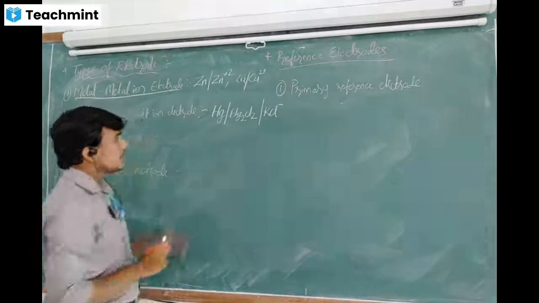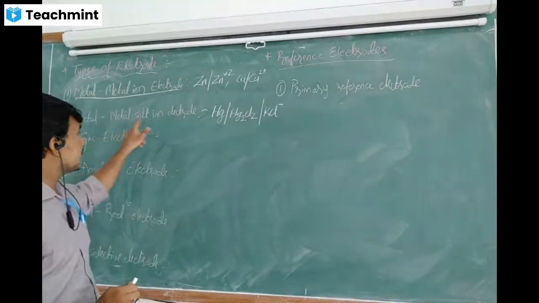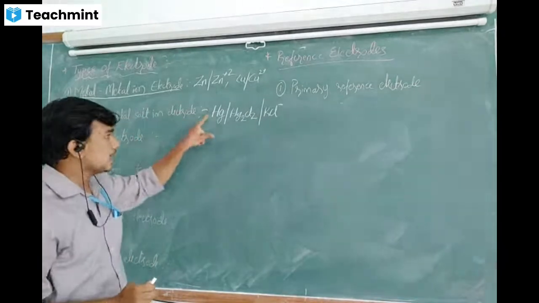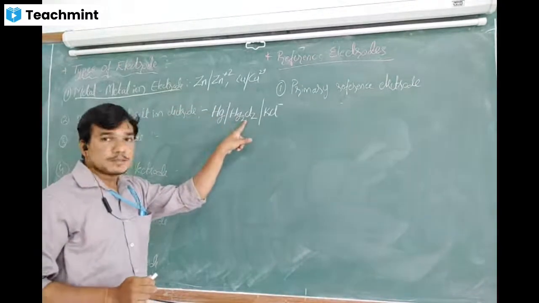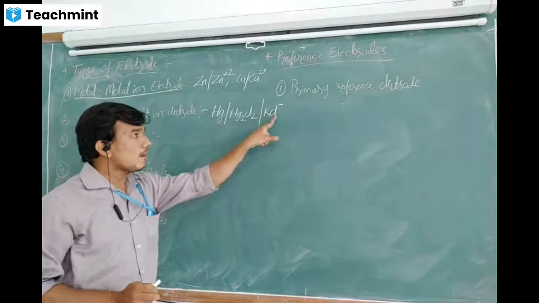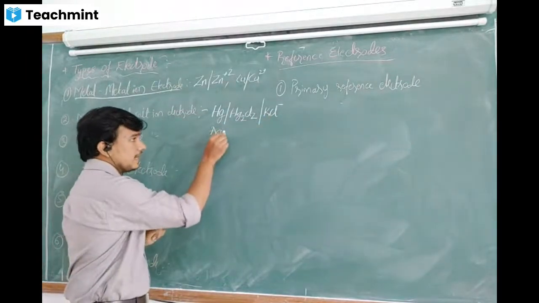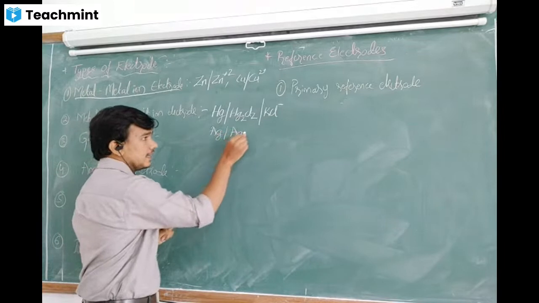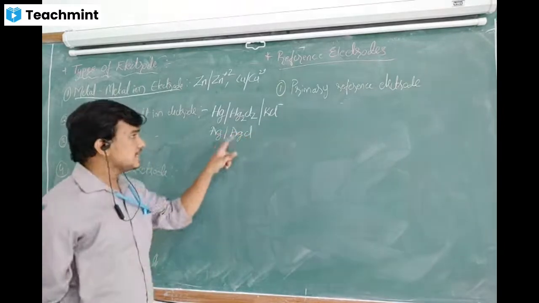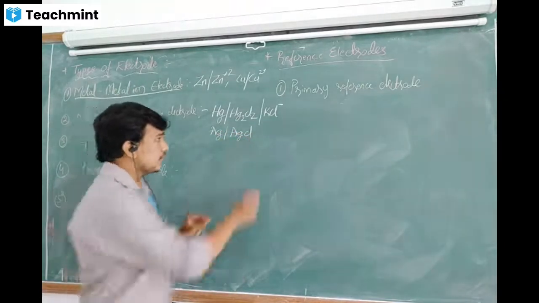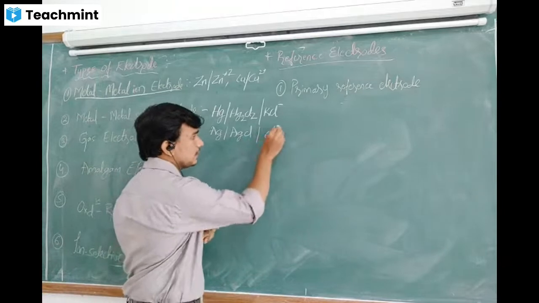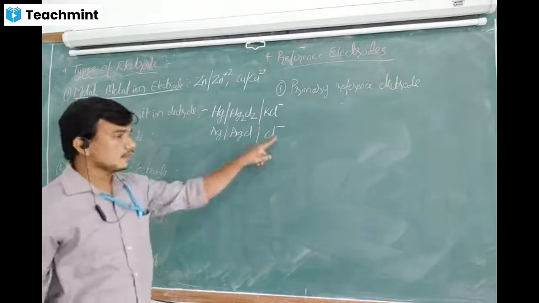So this is a type of metal salt ion electrode. In a similar way, silver is in contact with its salt silver chloride, which is in contact with chloride ion.